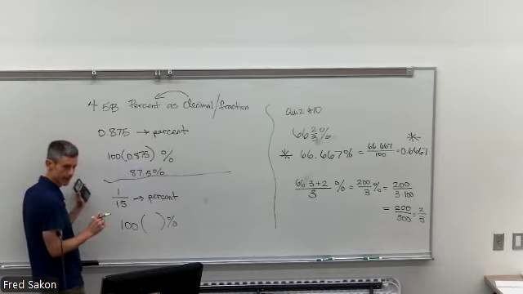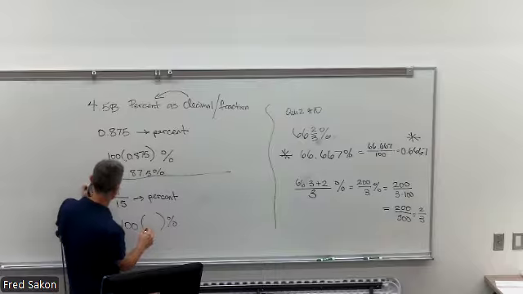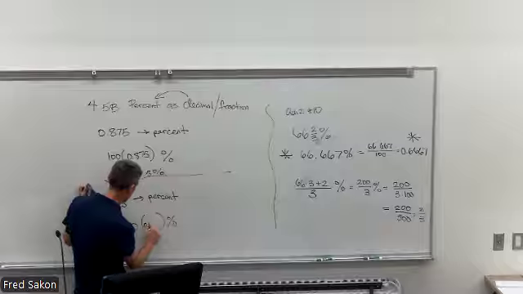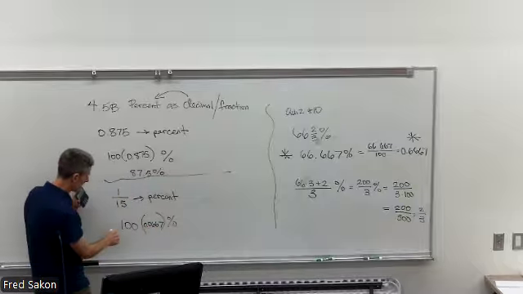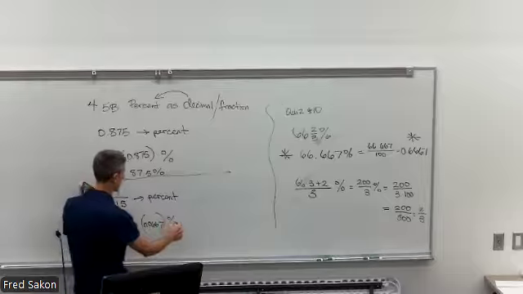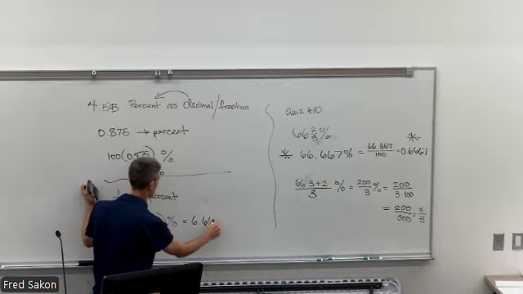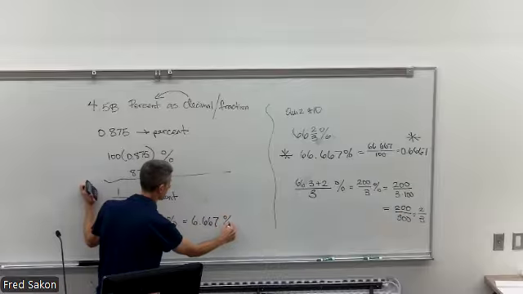0.06 repeating, you see that? So this is 0.0667. Then I do times 100 on that number, and I get 6.6 repeating percent.